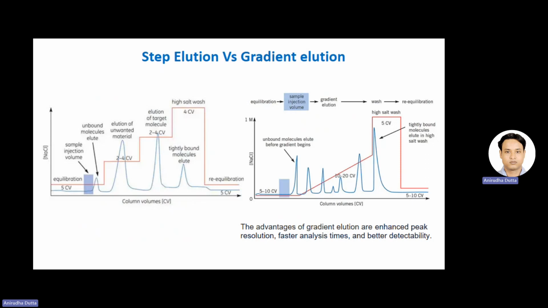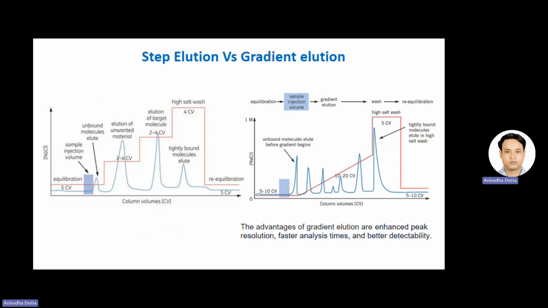Or if we have an automated pump that can produce a gradient of imidazole, we can create a continuous linear gradient of imidazole and keep loading it into the column. In that case, it will be a gradient elution. For making a gradient, we have to have two different pumps and a gradient maker.